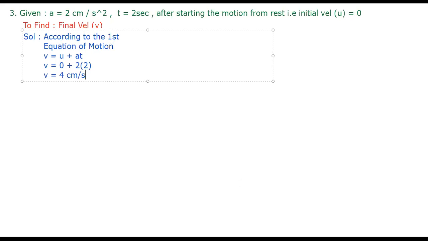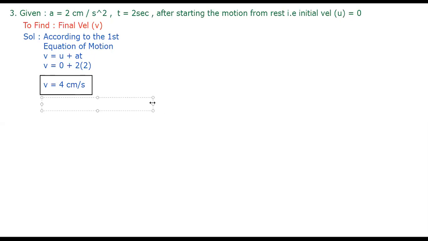Centimeter per second, because the acceleration is in centimeter per second square, so velocity will also remain in centimeter per second. Yes or no, children? Yes. So what is my final answer statement?